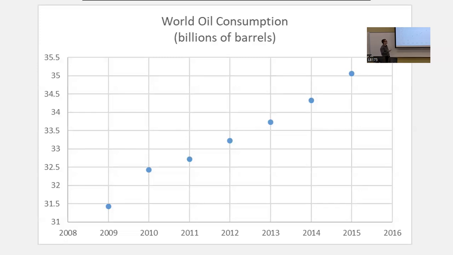And that's what it looks like when I do that. When I set up an X and a Y axis, and I label my X axis 2008, 2009, and so on and so forth, and then my Y axis will start at 31 and end at 35.5. When you plot each of these points, it looks like this.